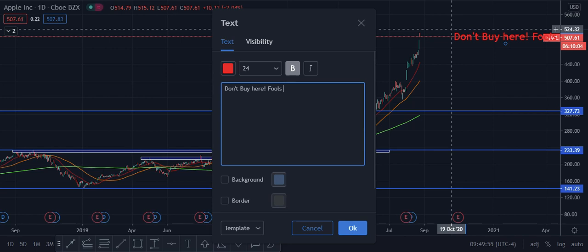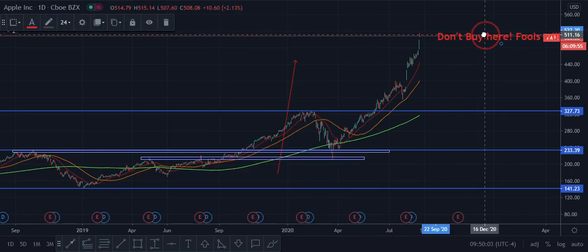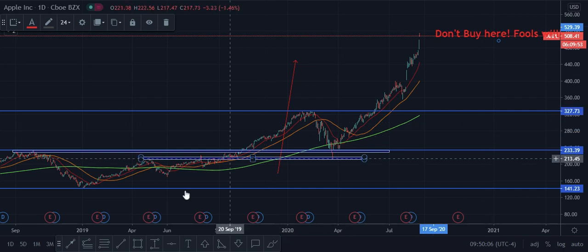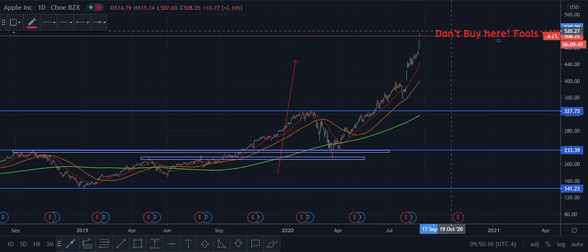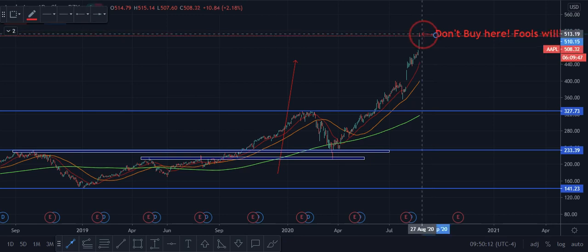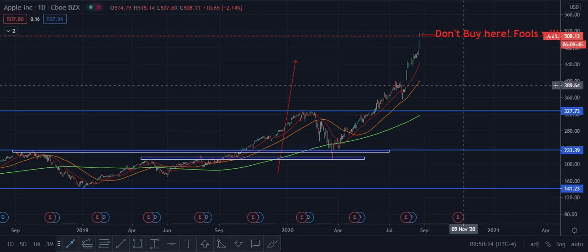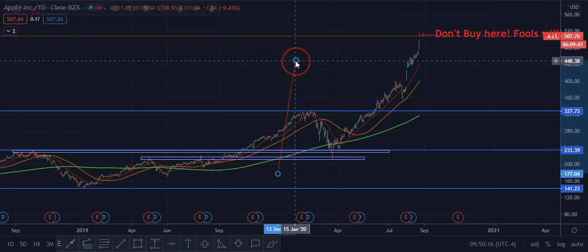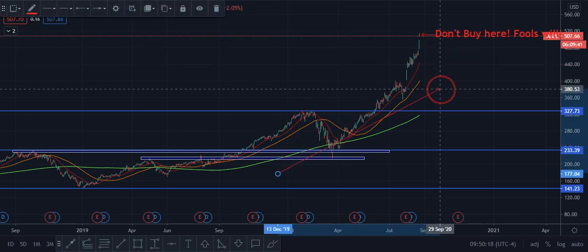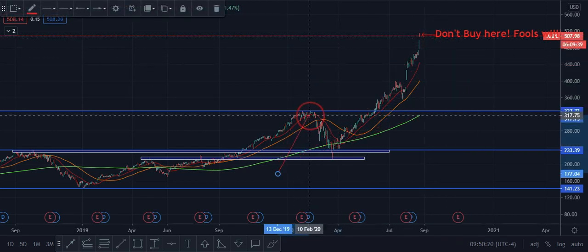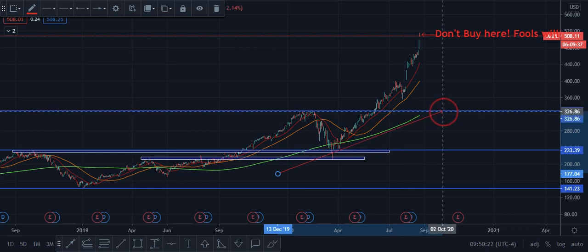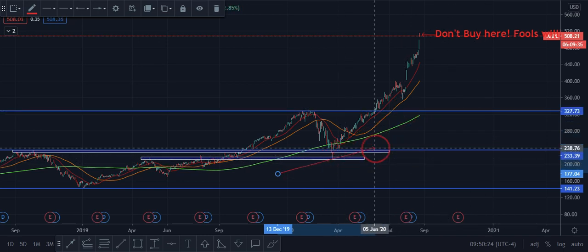Fools will. So we don't want to buy up here, right? We want to wait for price to maybe come back into this area or even down into this area.